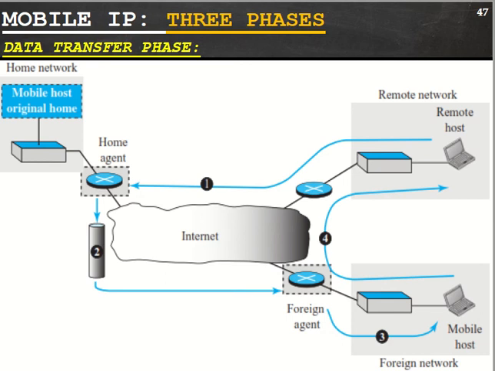Explain the significance of home agent and foreign agent with a neat diagram. So question number one is to explain the three different phases in mobile communication, and question number two is to explain the addressing approach used in mobile host and explain the significance of home agent and foreign agent with a neat diagram.